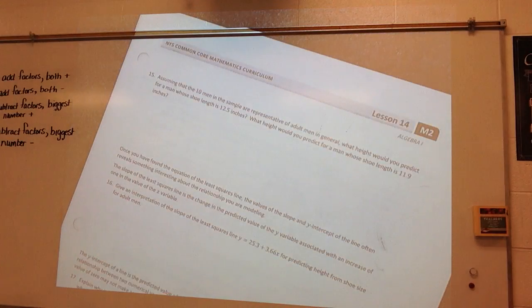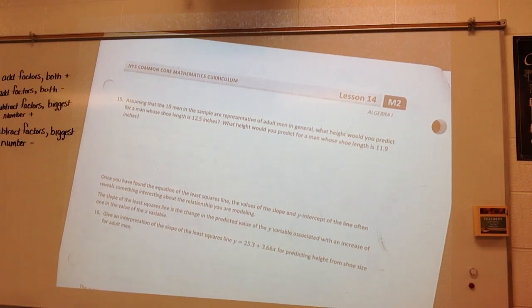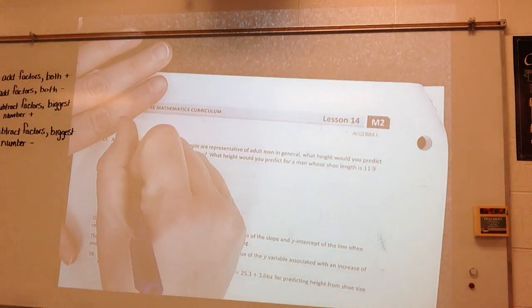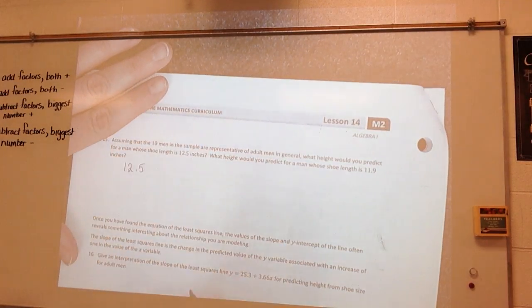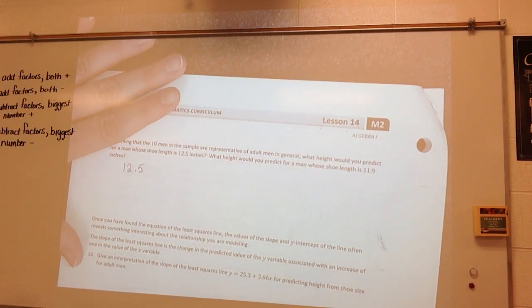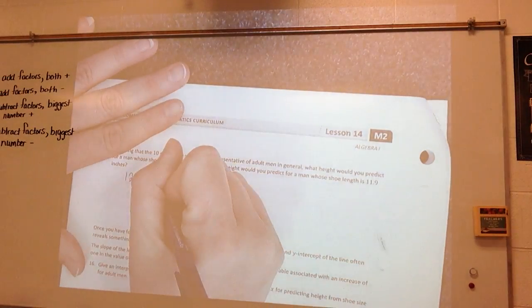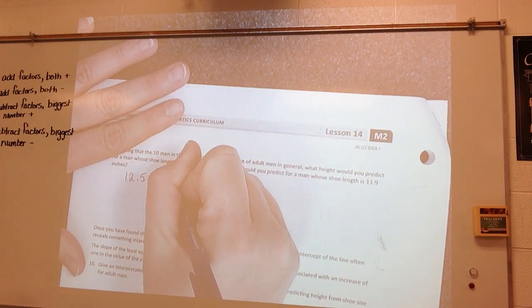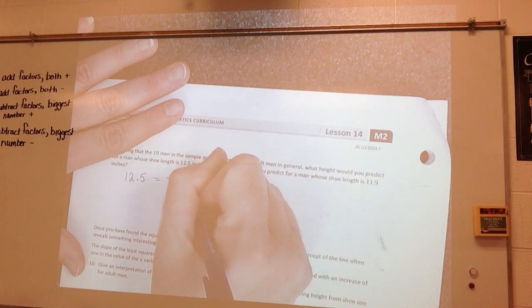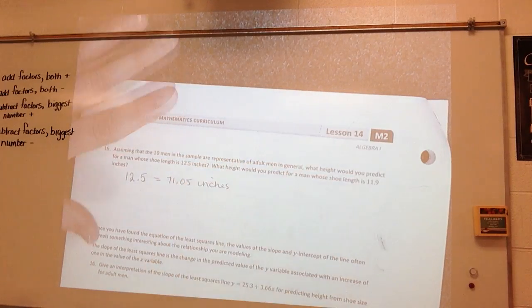Alright, number 15. Assuming that the 10 men in the sample are representative of male adults in general, what height would you predict for a man whose shoe length is 12 and a half? What height would you predict for a man whose shoe length is 11 9/10? Well, I'm going to plug 12 and a half into that equation, and I get 71 55/100 inches.